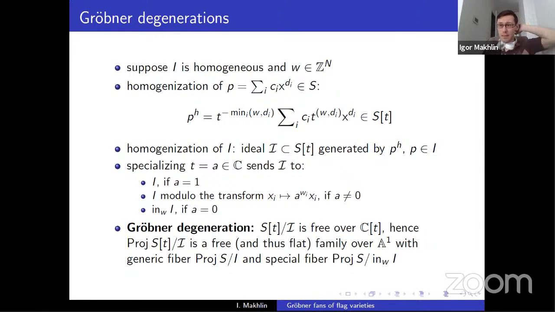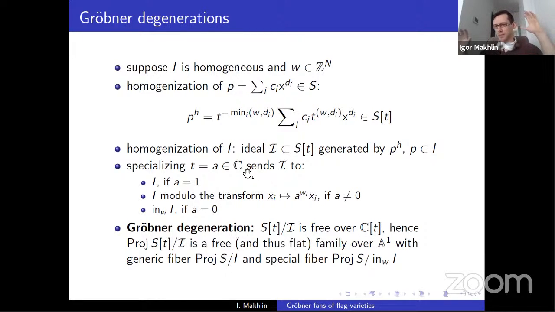And well, yeah, so what I'm going to say now perhaps is not exactly obvious, but it's very easy to check. So basically, when we do this, we consider this homogenization, and then we can specialize T, right?